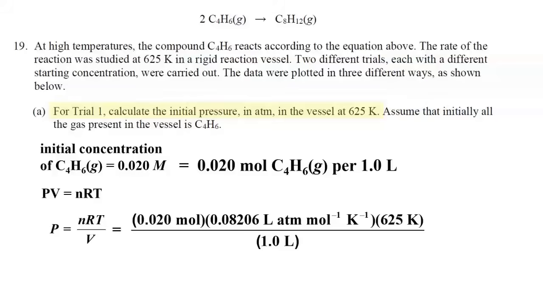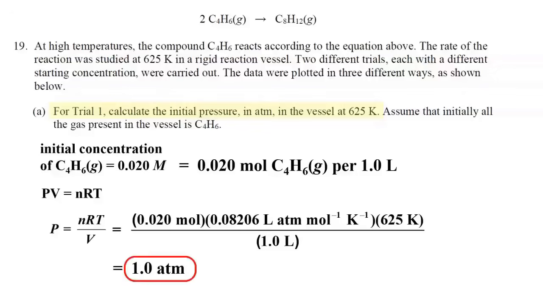And then the volume is 1 liter because we're making the assumption that if it is a 1 liter vessel and the concentration is 0.020 moles per liter, I can figure out the moles and the liters by using that relationship. So I'm going to go ahead and do that math on my calculator, and I get 1.02575, but I think two significant figures is going to be sufficient here. So I'll round off my answer to part A to two significant figures, and I'll just say 1.0 atmospheres.